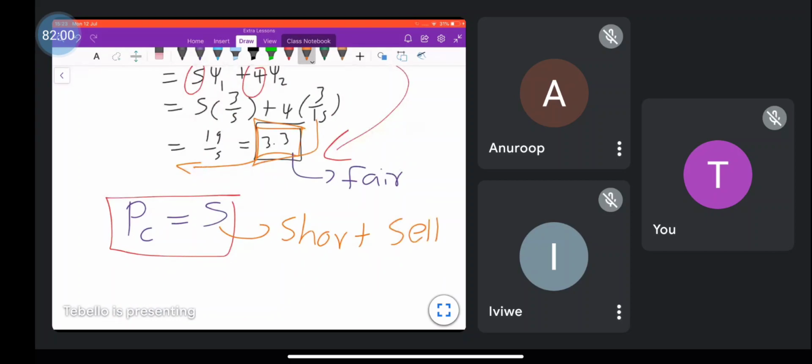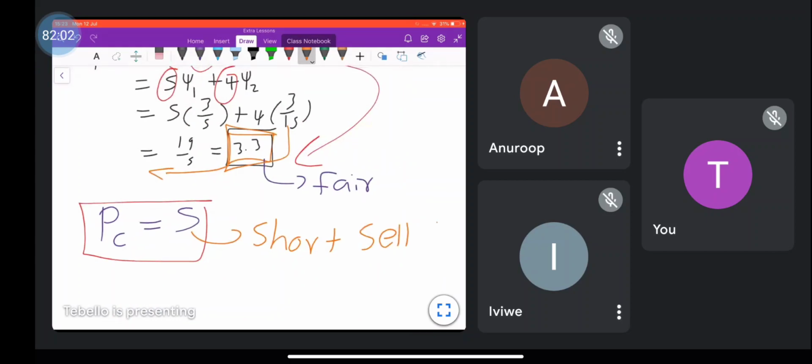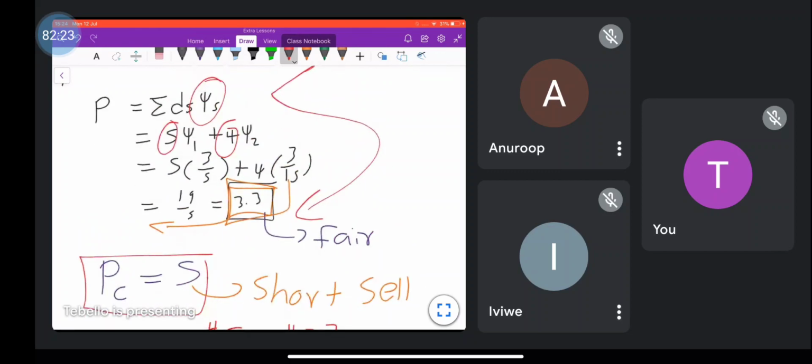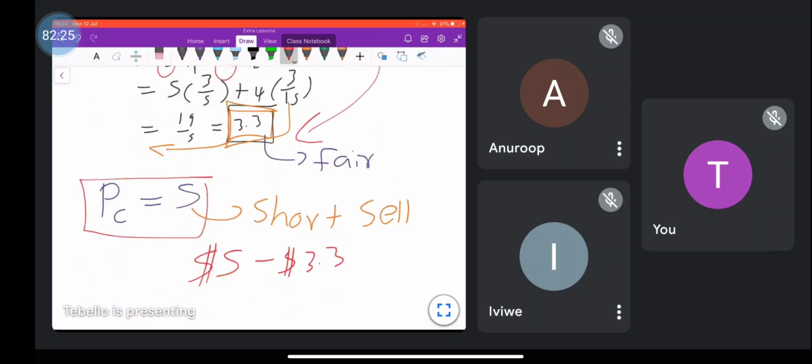When you short sell it, you will have 5 rand in your pocket, and then you take out 3,8 to buy the asset again. They have the same payout, right?